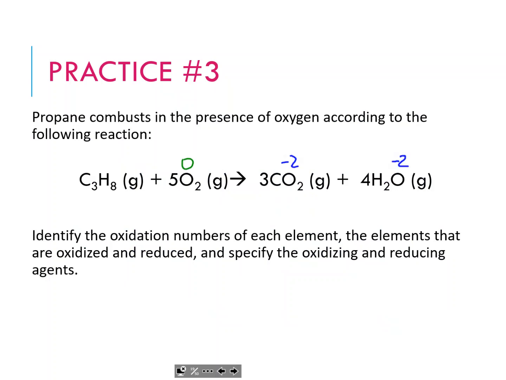Now, in covalent compounds, like propane here, C3H8, everything's a nonmetal. Hydrogen always gets assigned +1. Because if you really think about it, hydrogen's over here on the left of the table, the top of the first column.